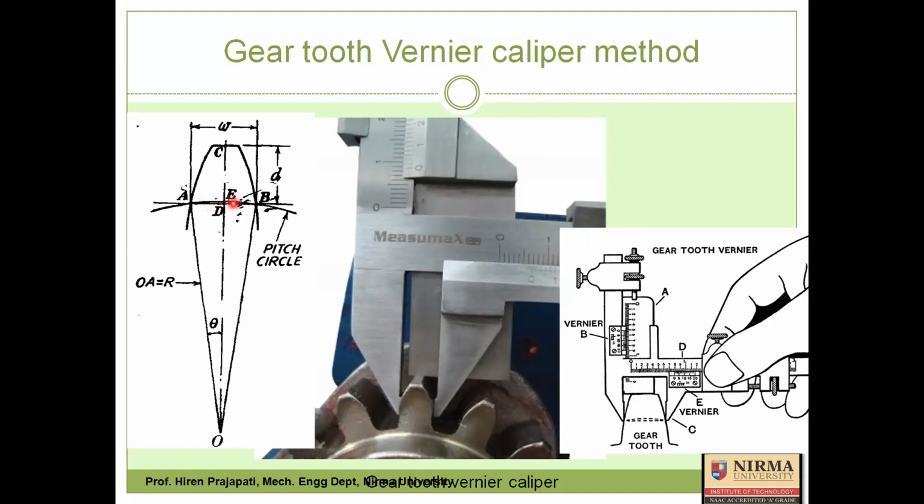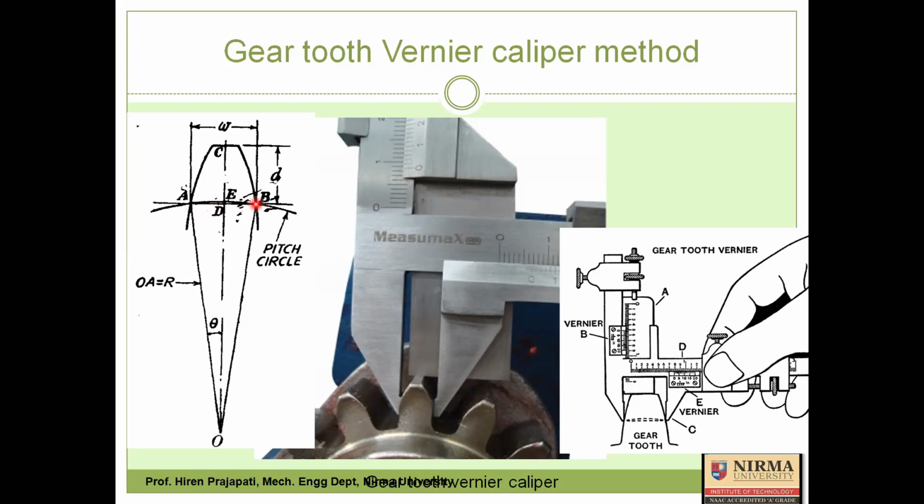a gear tooth vernier caliper, it has that capability. This image indicates how a gear tooth vernier caliper is used to measure the chordal length ADB, because we are not able to measure the arc length AEB.